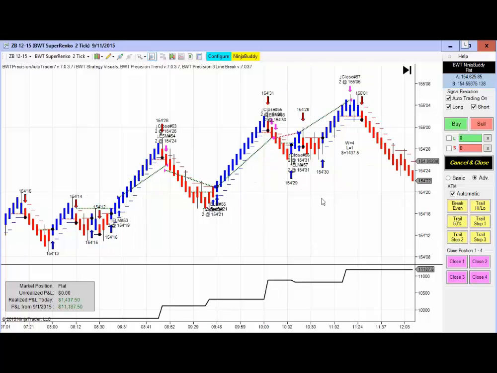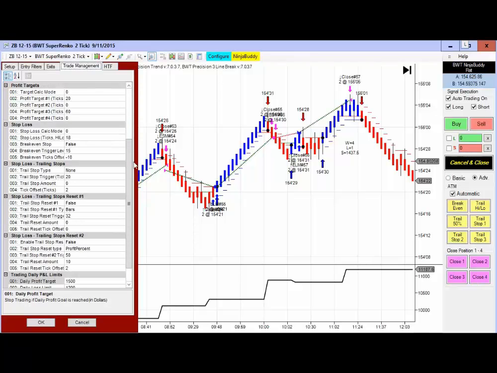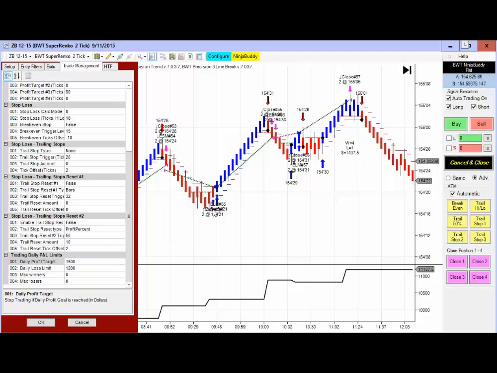And it hit its goal, the goal being $1,500, so it had a little bit of slippage. Remember, the profit goal is a market order if the profit goal is touched. So that's why it's not always exactly going to match. It figures if you made that much profit, then your goal was hit and it executes a market order.